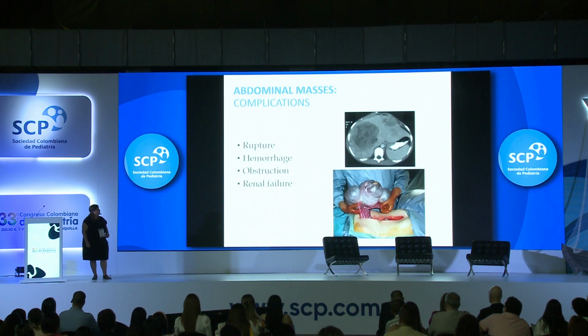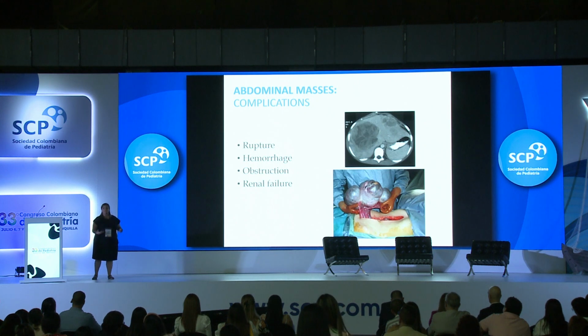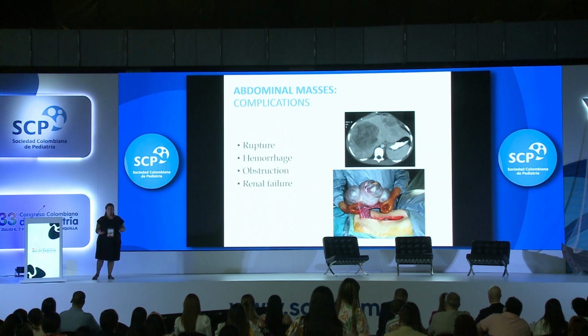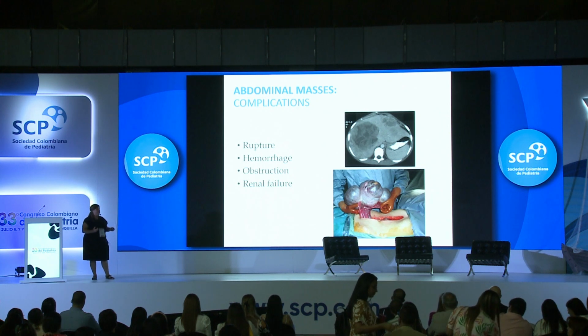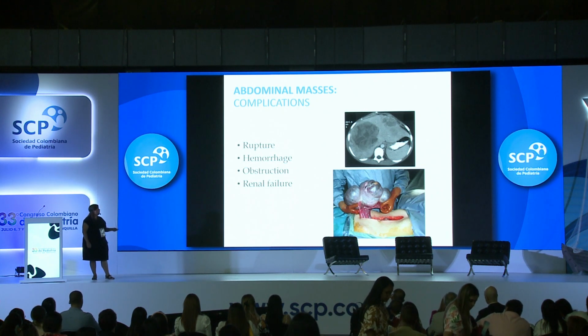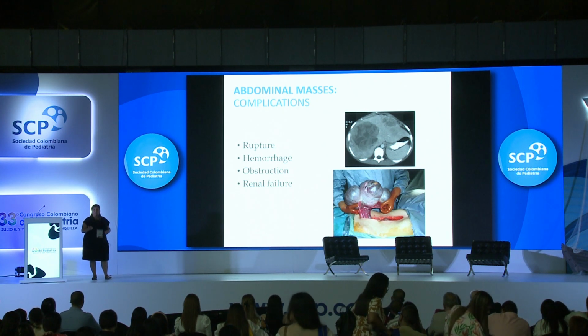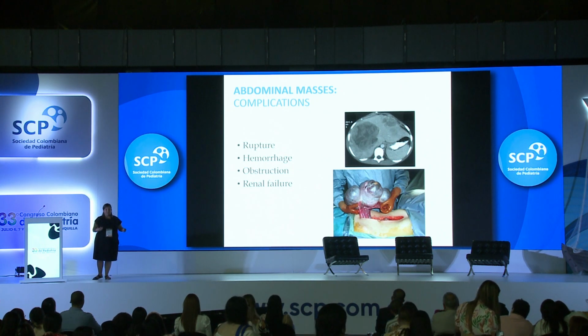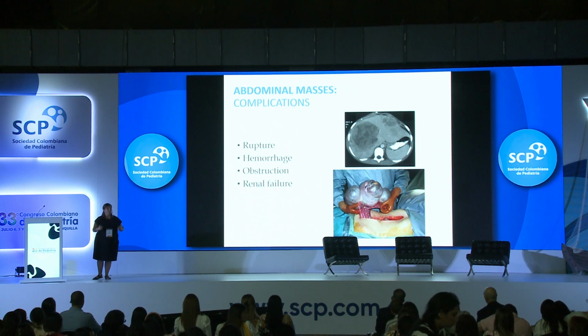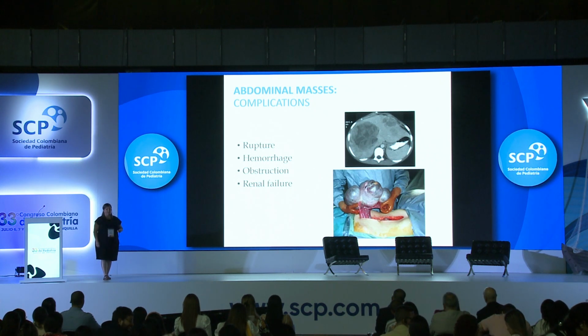And then next, for abdominal masses, these too can cause oncologic emergencies, although maybe a little bit less frequently. But because oncologic masses can become very large, you have to worry about rupture, hemorrhage, obstruction, or renal failure. And the way we treat this usually is by removal, but not always. Sometimes it's by urgent or upfront chemotherapy or radiation.